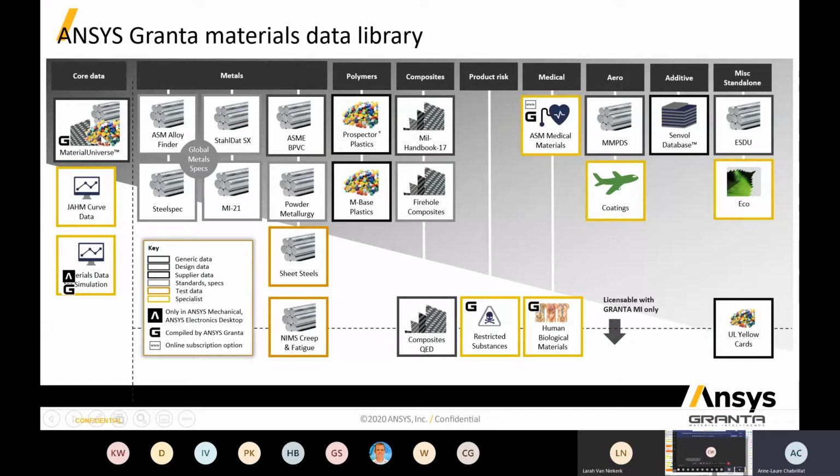Within Material Universe, you will find about 4,000 different materials with different mechanical, thermal properties, which I will show you, and also including economic properties, so price for all the materials, so that you can take that into account in your comparison, as well as environmental impact. So if one of the initiatives that your company is having is looking at environmental impact of your products, then you could use the software to have a first estimation.